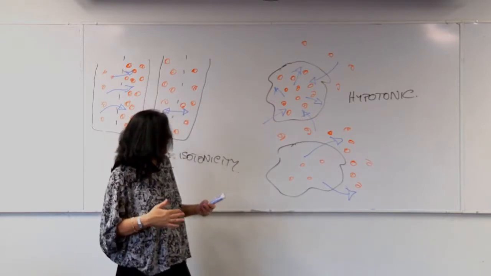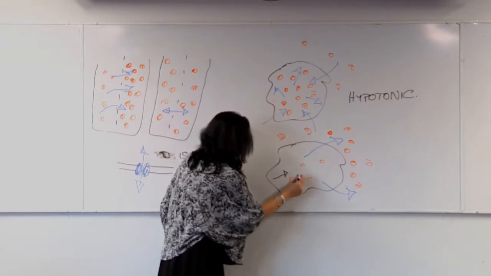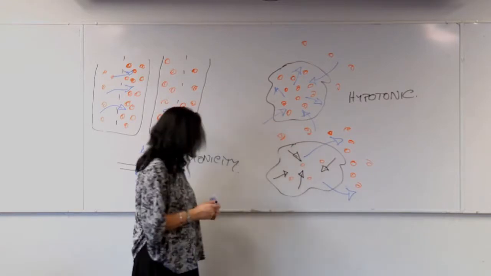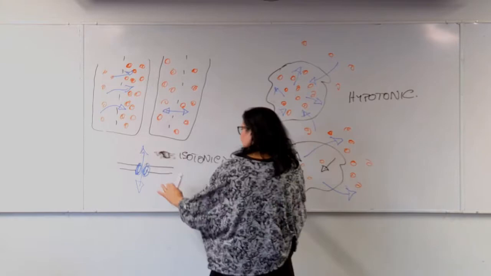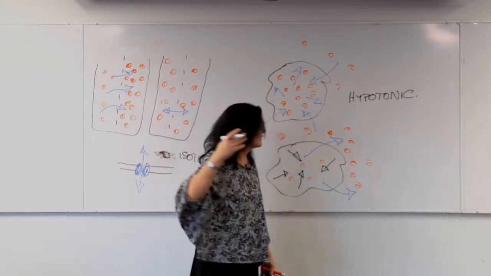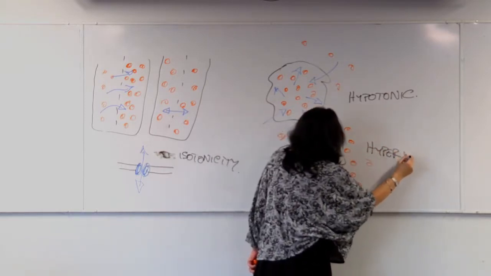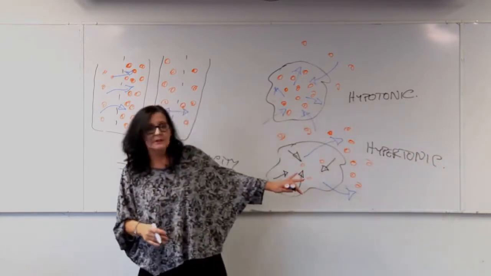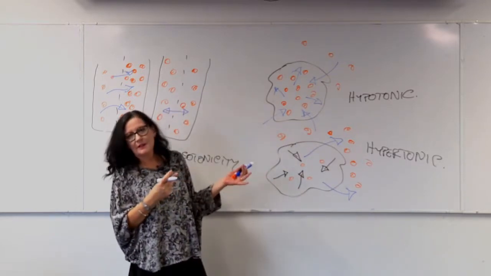As a result, what's going to happen to our cell? Yes, it's going to start shrinking. So in this case, it shrinks down. And if that was hypotonic, and that was isotonic, this must be hypertonic. The extracellular compartment has more osmotic particles than the intracellular.